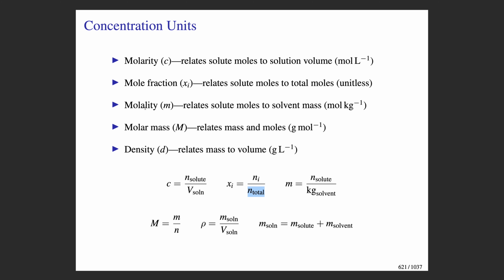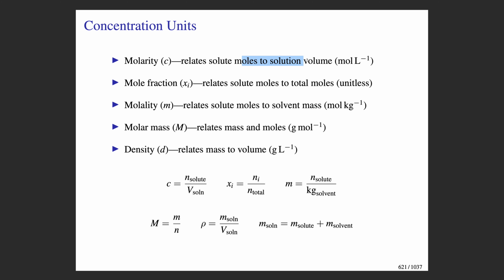Another way that you haven't seen before is the molality. Here we're using a lowercase m to denote the molality. It relates the moles of solute to the mass of solvent. Now it's very specific. It's not the mass of solution, it's the mass of solvent.